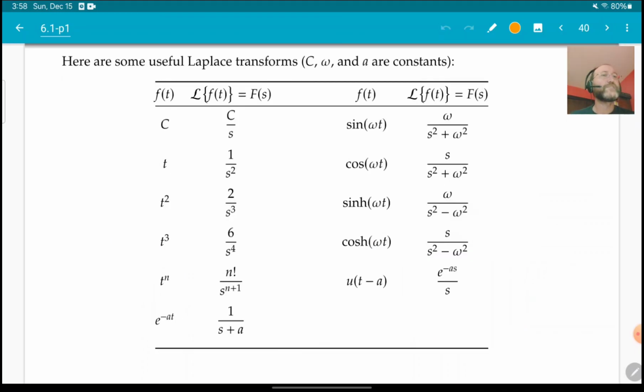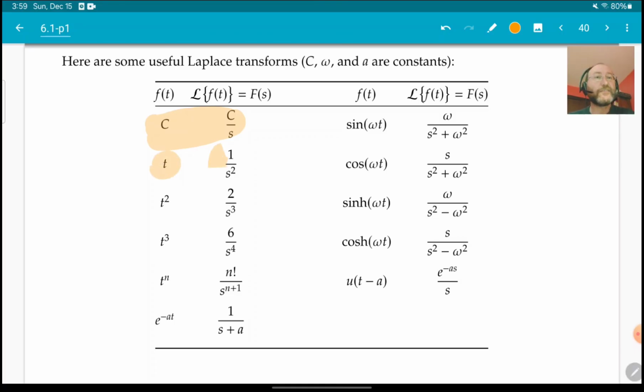All right. So now we did a bunch of examples, so here's a useful table. If you start with any constant and take the Laplace transform, you have that constant over s.